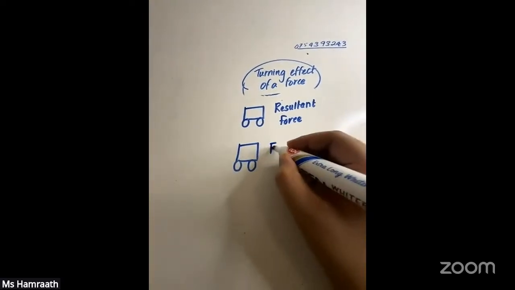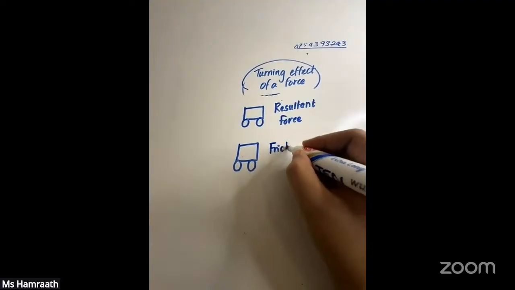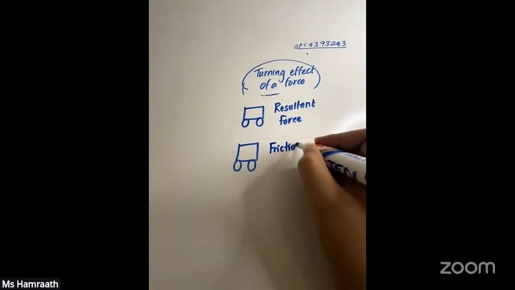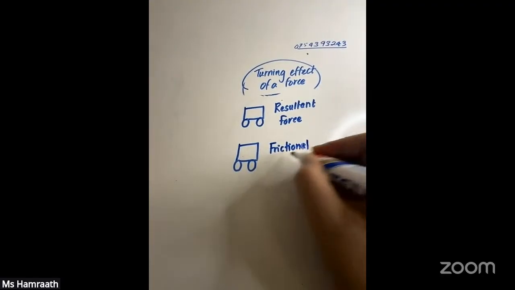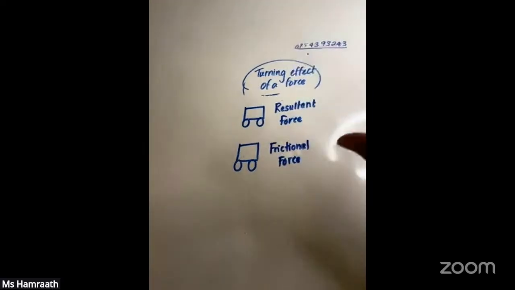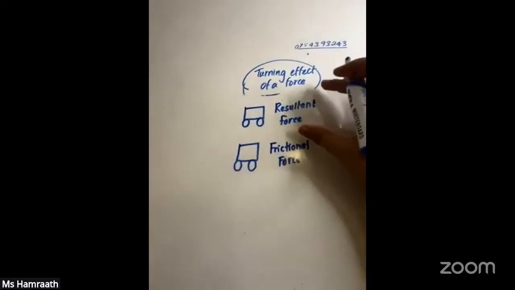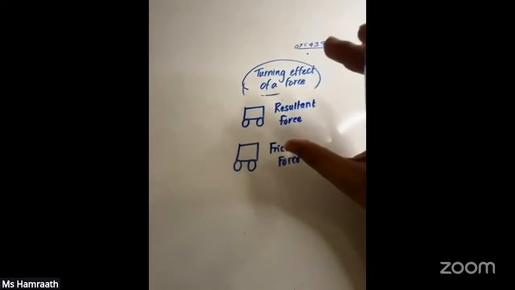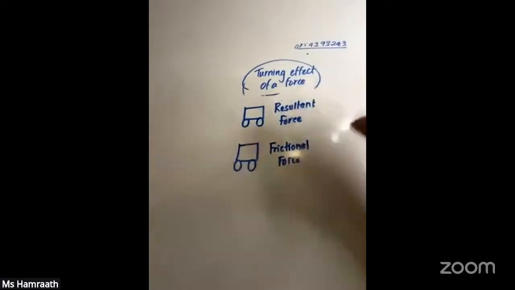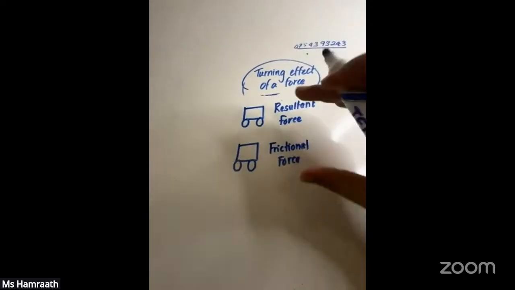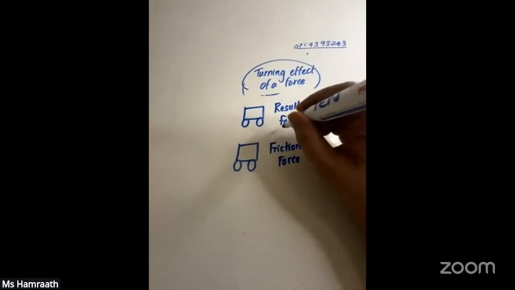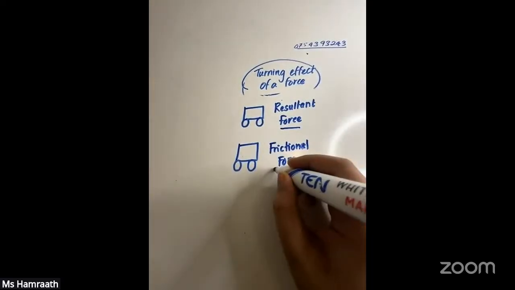I will apply the frictional force by applying a brake. So the resultant force will allow the object to move, but the frictional force will not allow the object to move. Now you can see this is one kind of force, and this is another kind of force.